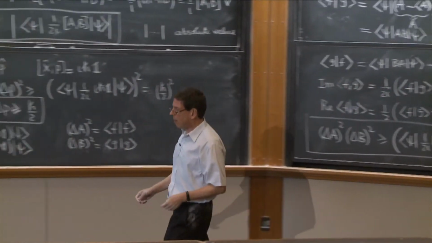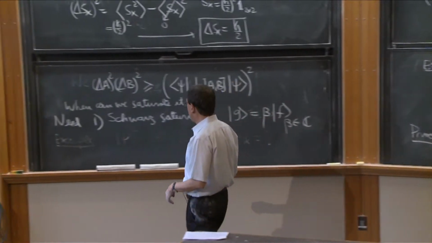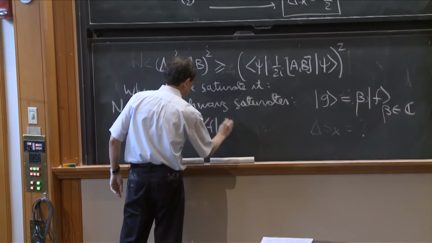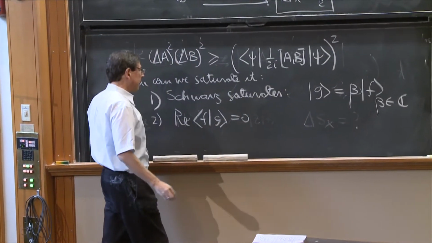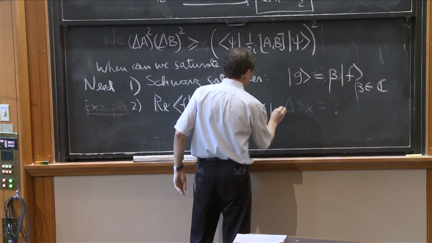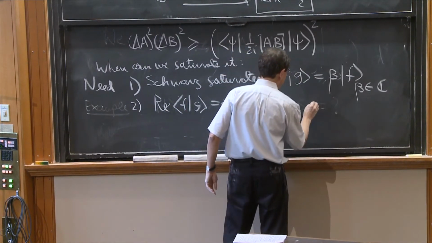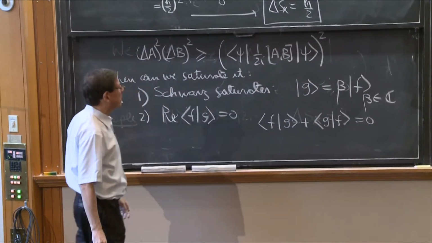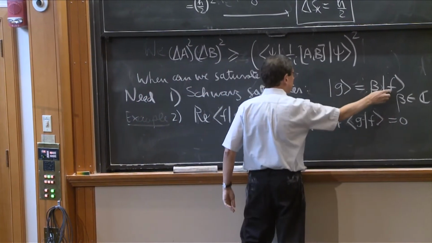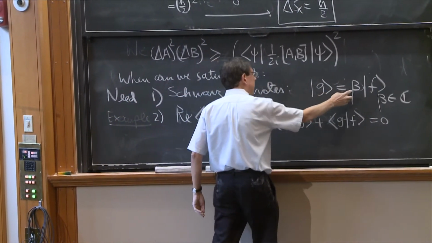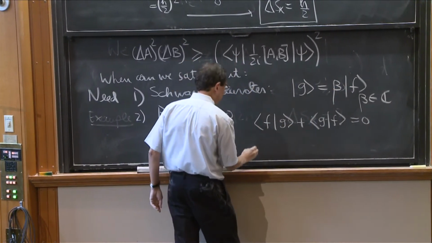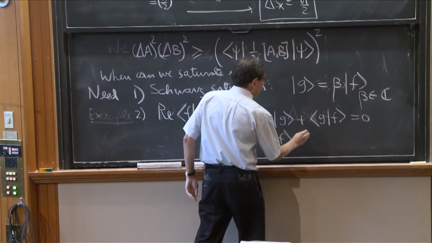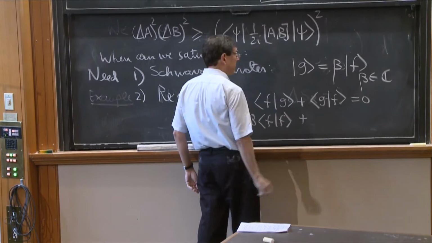So the real part of F overlap G, of FG, must be 0. What does that mean? It means that FG plus GF must be 0. But now we know what G is, so we can plug it here. G is beta times F. Beta goes out, and you get beta F. Now, when you form the bra G, beta becomes beta star.